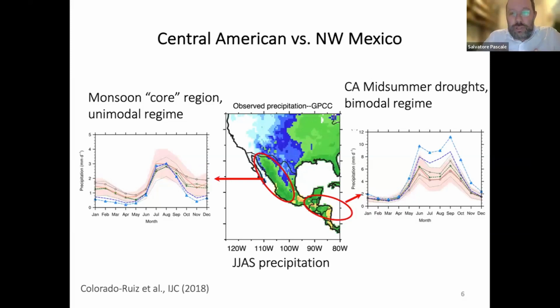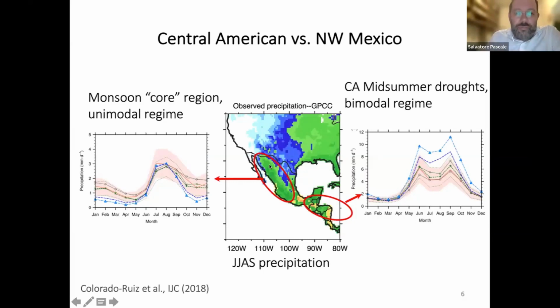Traditionally, the so-called core region of the monsoon is the one which extends over northwestern Mexico into the southwestern US. If you look at the seasonal cycle of rainfall here, you see a clearly unimodal regime. So there is one well-defined peak in rainfall in the summertime.